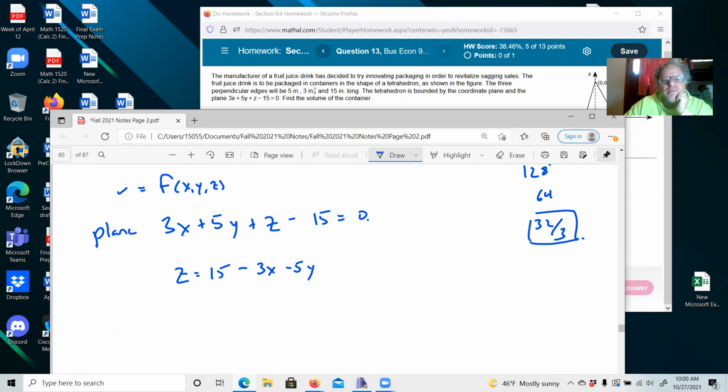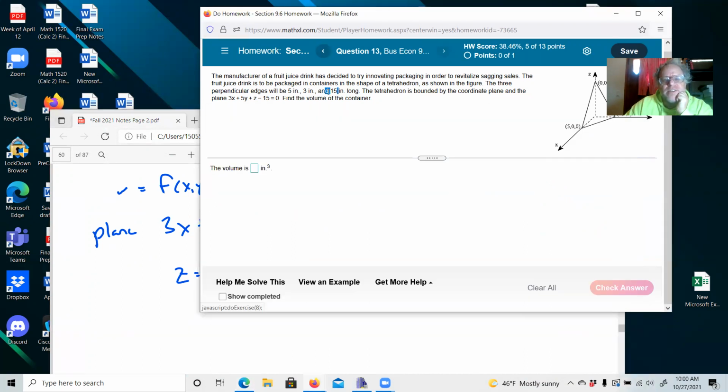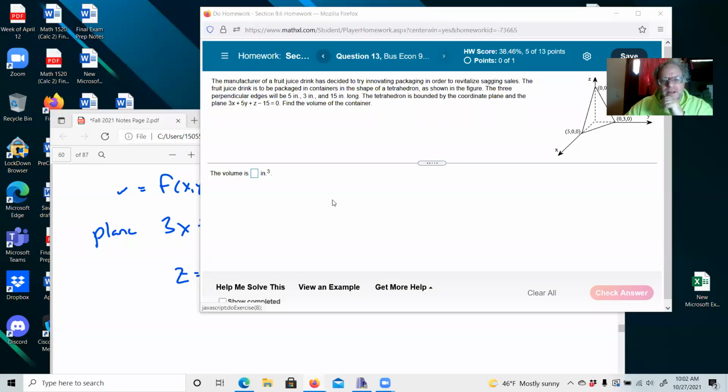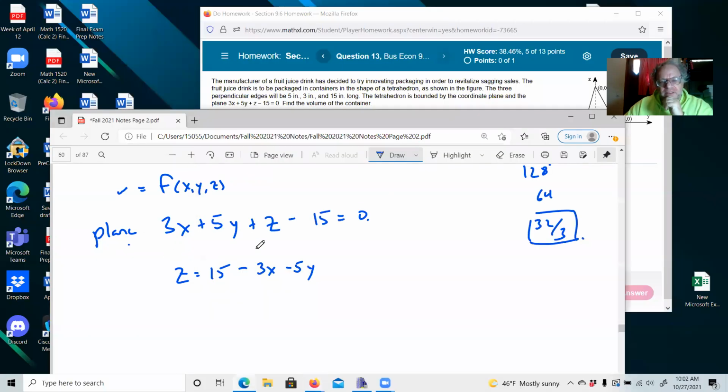No, I don't want to do it this way because I've got the 15 sitting here. Okay, so rather than lead you astray and then have to redo this, I'm going to pause you for a moment so I can make sure that we're doing this in the right direction. All right. So yeah, that's what I want to do.